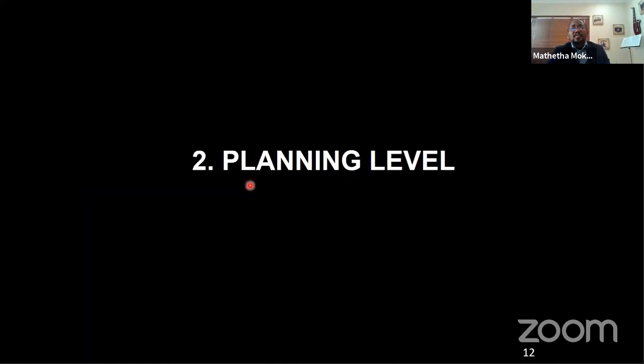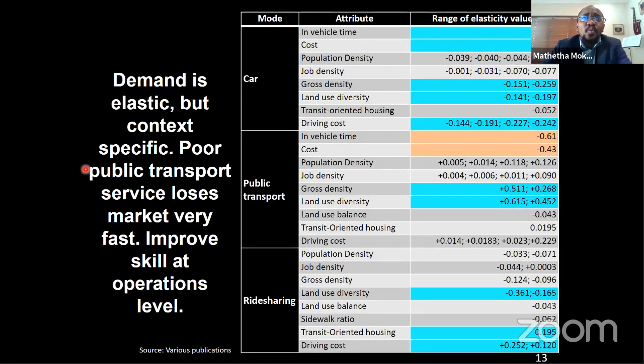And then at a planning level, we did some work some time ago to look at what elasticities you get from different interventions, and I'll explain it. Elasticity is essentially how much percentage change you get out of a 1% intervention. For example, a 1% change in car travel time, how does it change the demand for car travel?